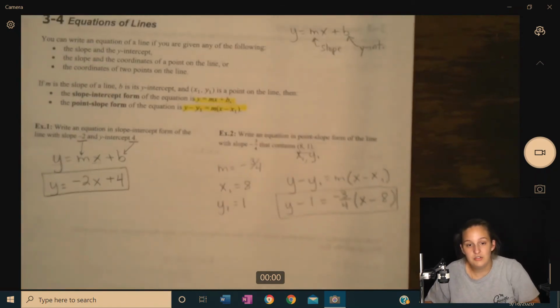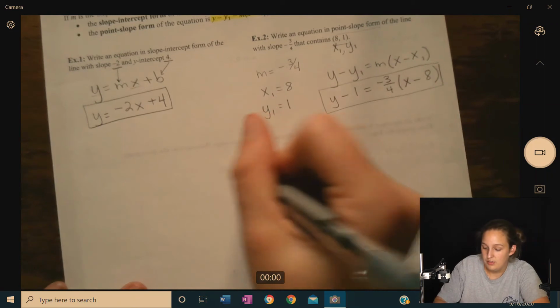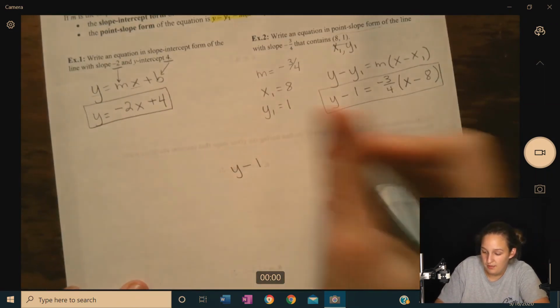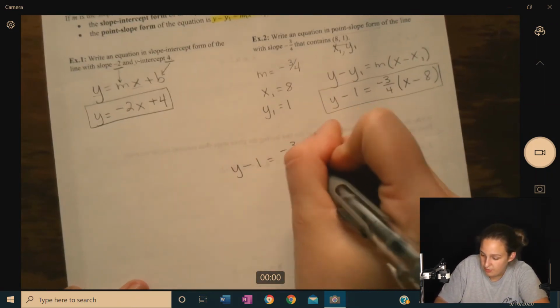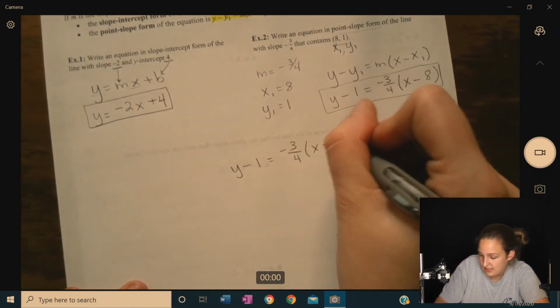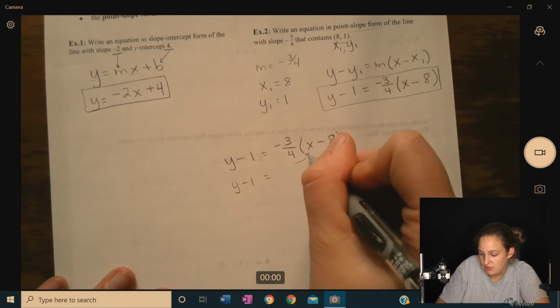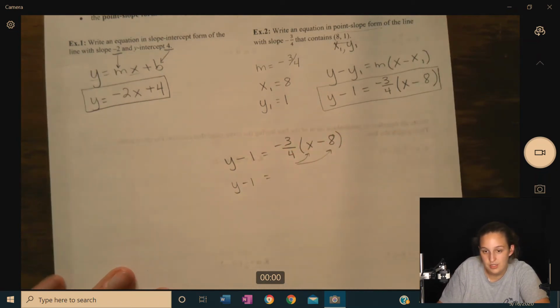If you wanted to, you can convert this into slope-intercept form. So let's do that. y minus 1 is equal to -3/4 times x minus 8. You have to distribute to both terms in your parentheses.